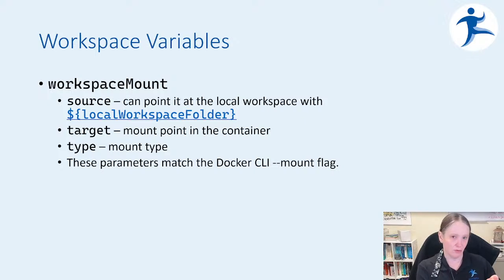That's on my local machine, that's my source, and it is going to be mounted at some spot in the container. And then they have what they call the mount type, and that mount type matches what's in the Docker CLI mount flag. So there's volumes, and there's something else that's not coming to me off the top of my head. Basically you have a folder locally, and you want to be able to access it in the container for your workspace, so you've got to tell it where it mounts.